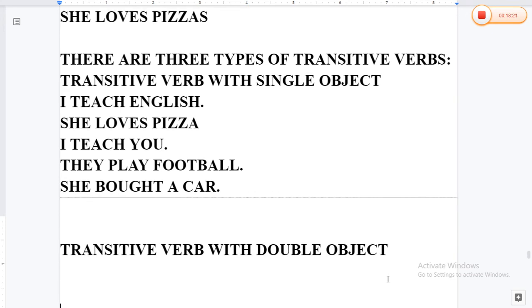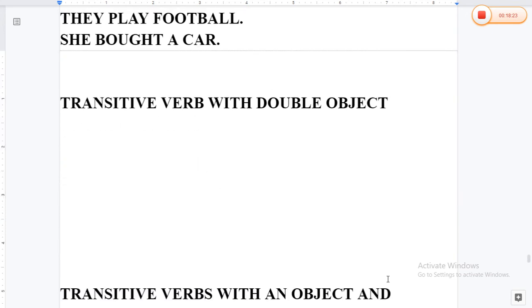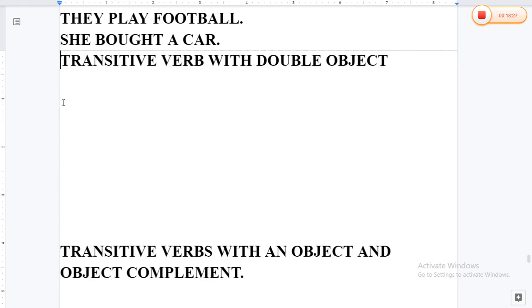Then the next one, we see the examples of transitive verb with double object. Let me take: I wrote him a letter.